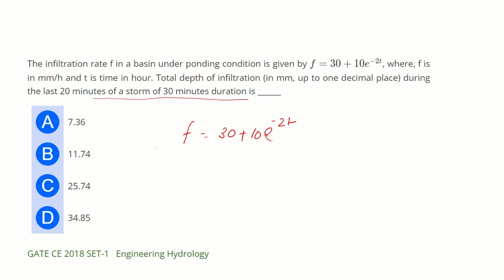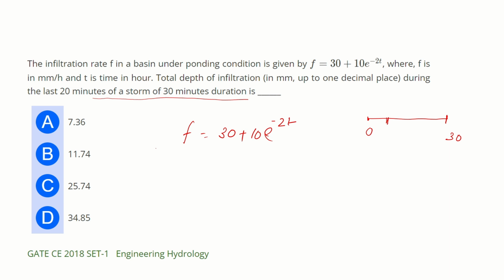So the storm duration is how much? 30 minutes. Within that 30 minutes, in last 20 minutes, how much rainfall has happened, that you have to calculate, right? So that means, suppose if the rainfall starts here, and this is the 30 minutes duration, 0 to 30, okay?